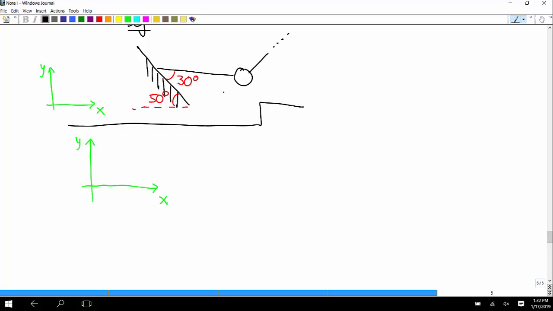Okay, and so we're trying to figure out that direction. Okay, the force pulling that way on the ball. Okay, so how are we going to do this?